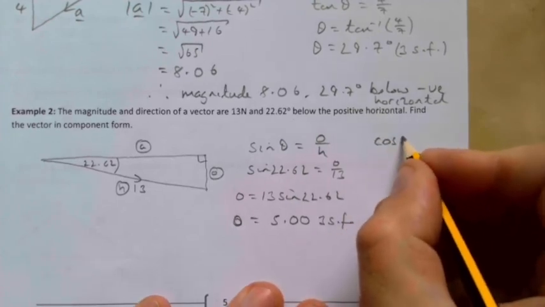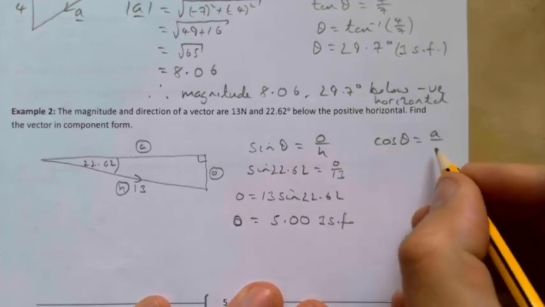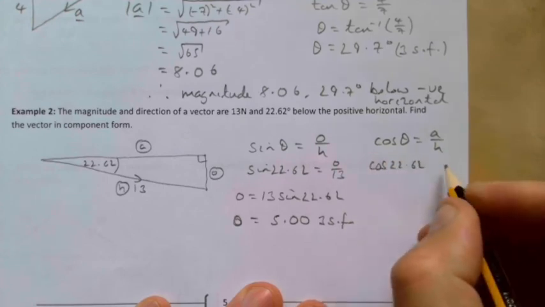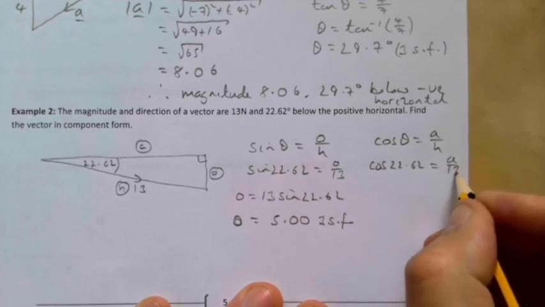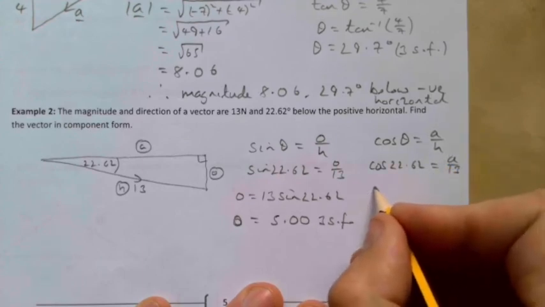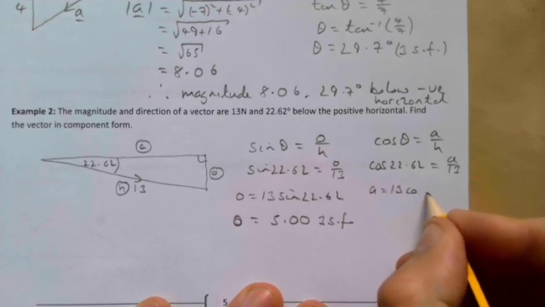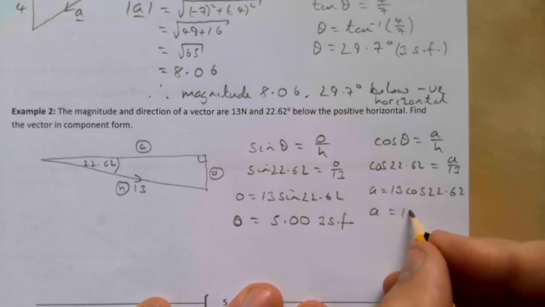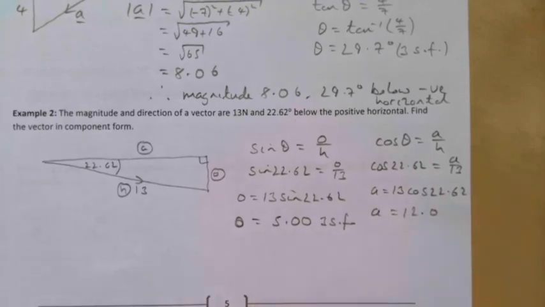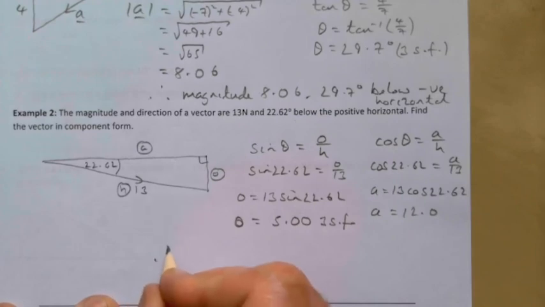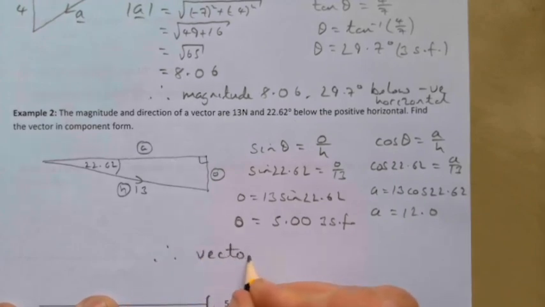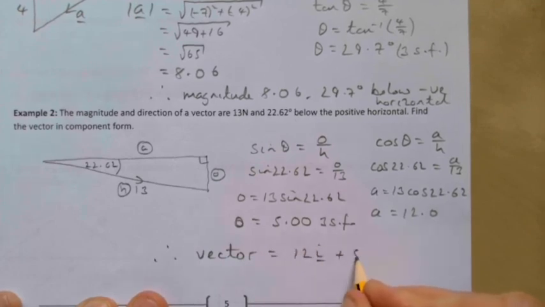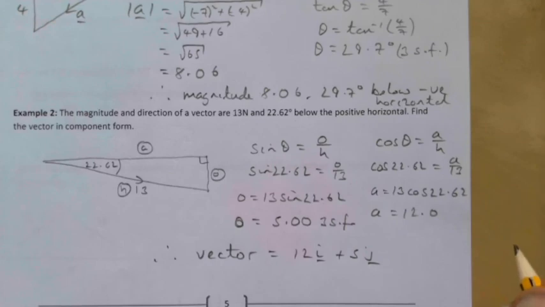Cos theta is A over H. Cos 22.62 is A over 13. A then is 13 cos 22.62, and A then is 12.0. That means the vector must be 12i plus 5j.